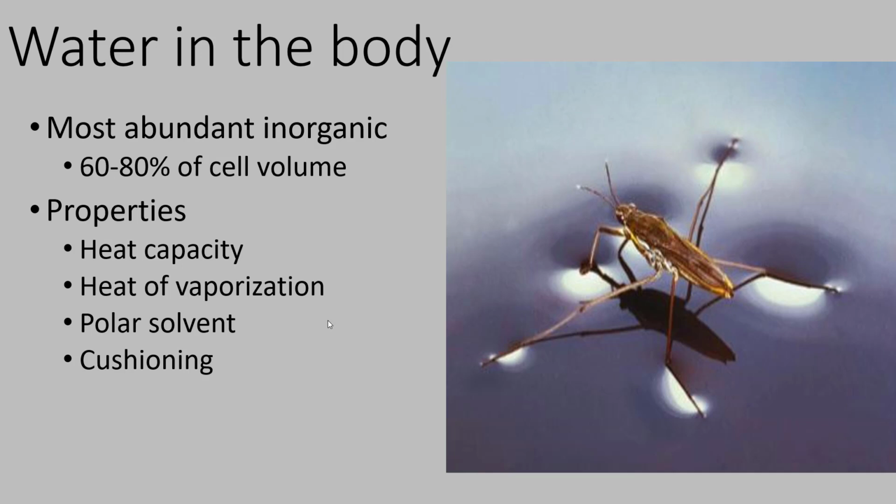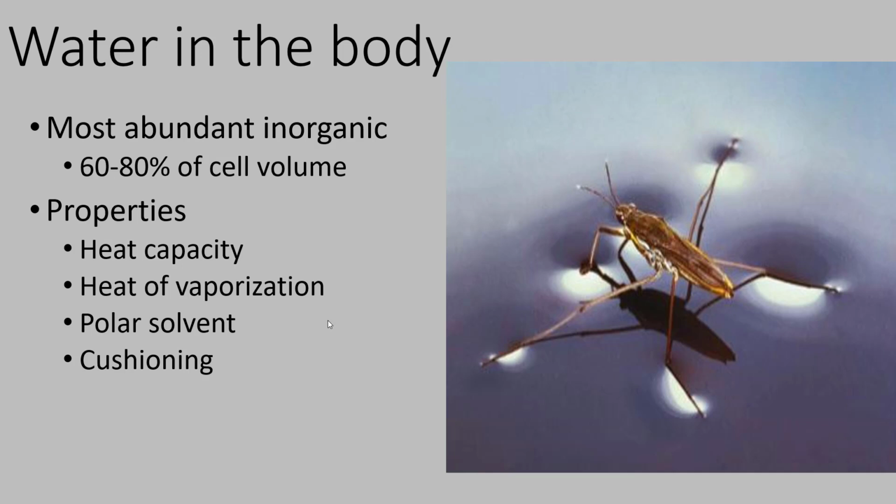Water is the most abundant inorganic molecule in the body, making up about 60 to 80% of cell volume in adequately hydrated individuals. One thing that happens as we age is that the amount of water in our body begins to decline.